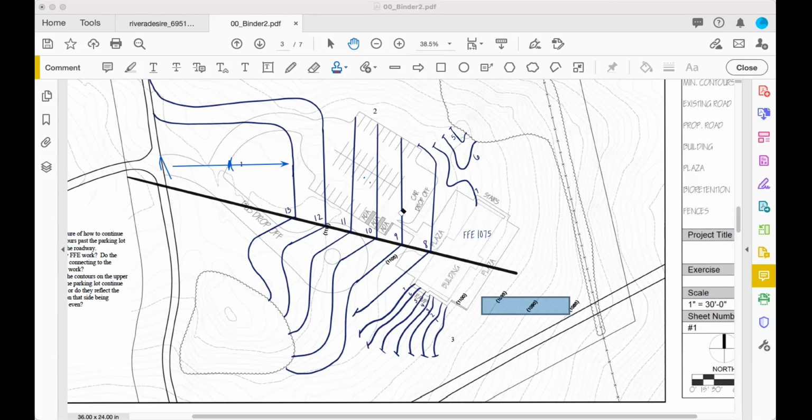So what we can do is we can say 13. 12, 11, 10.